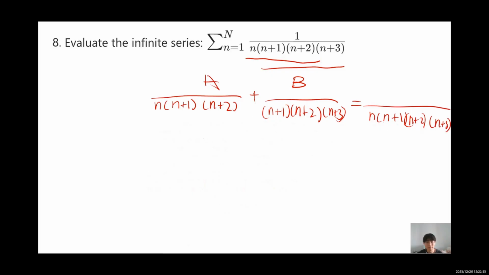To get back to the original form, we need to multiply n plus 3 up and down, at the same time, because we need to guarantee it will not change.